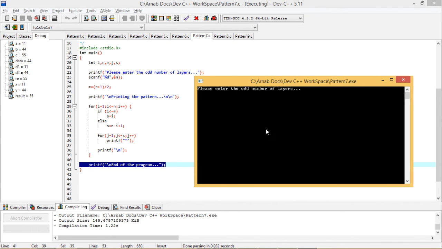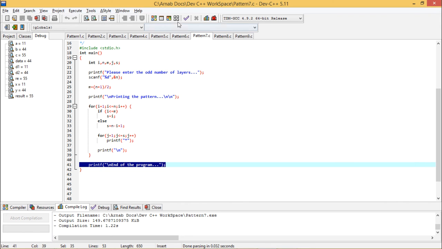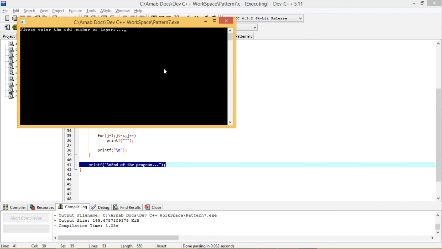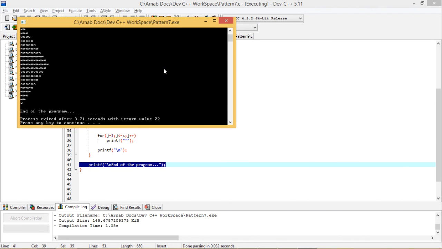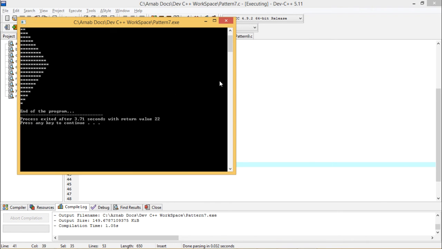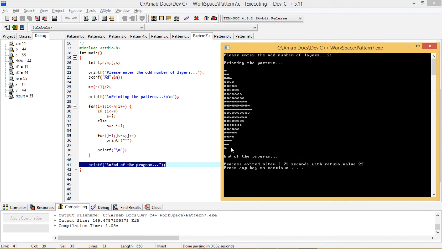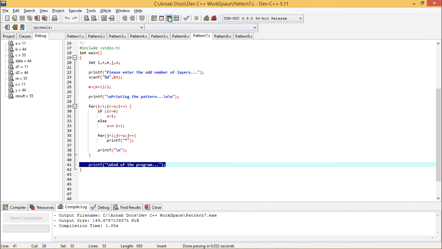Now I'm going to run this. Please enter the odd number of layers. I'm giving 11 here, so the pattern is printed accordingly. Let me try another value. If I give 21, the pattern is printed accordingly. You see the regular pattern is there, but if I give any even number for n, what will happen?